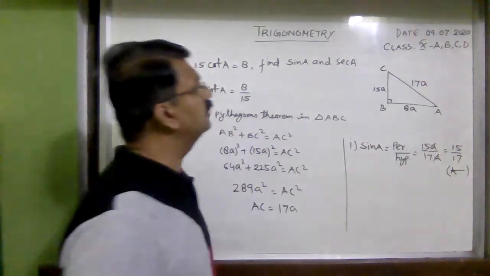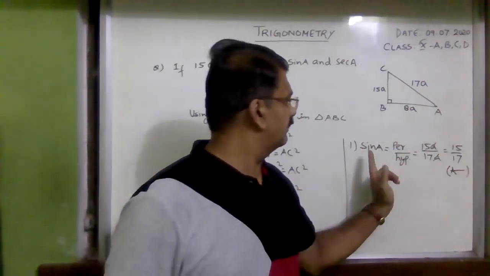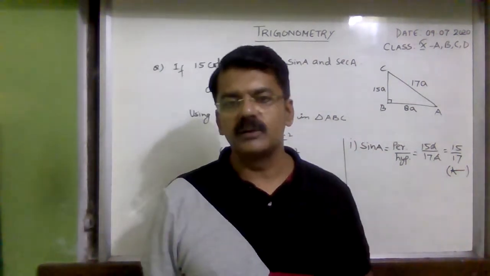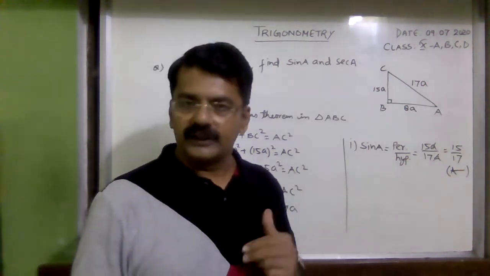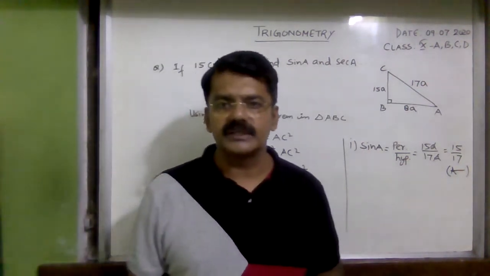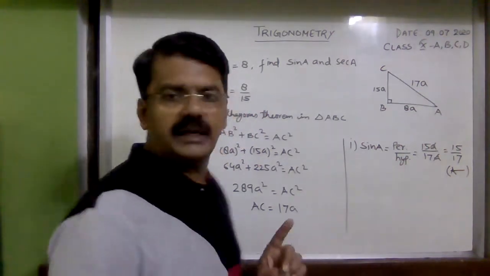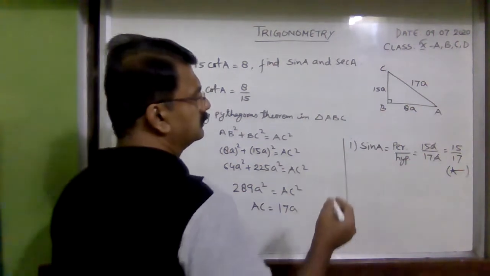That is the value of sin A. Once again, you can verify the fact that the value of sin A is less than 1 because 15 by 17 as the numerator is smaller than the denominator, so it has to be less than 1. I told you sin A and cos A, they are always less than 1 or maximum they can be equal to 1.